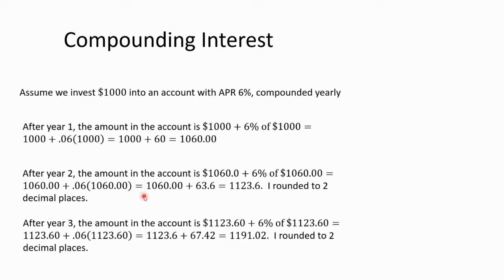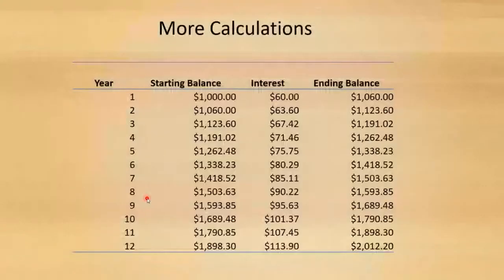And if we were to do this for many years, this is what would happen. I actually did this using Excel, just letting you know. But you can see that the interest is going up and up as well, mostly because the balance is.